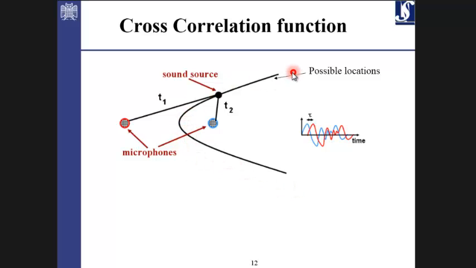So all the points located on this hyperbolic position function are the possible domain of answers for the location of the source. The place that maximizes the cross-correlation is the location of the source, and that location is somewhere here on this hyperbola.